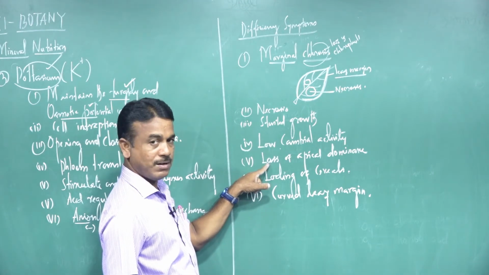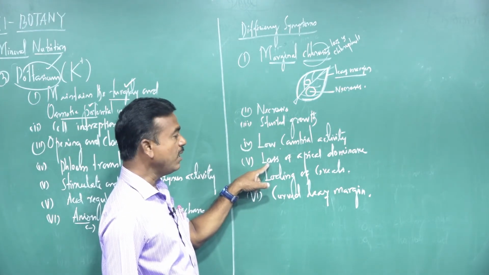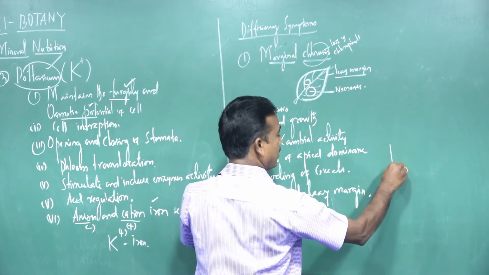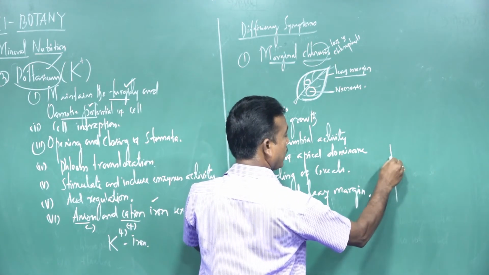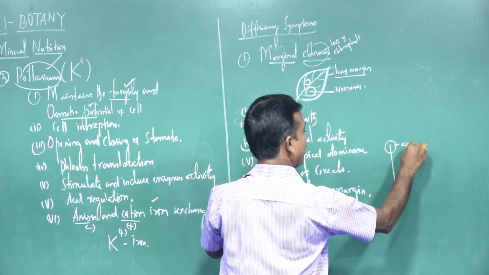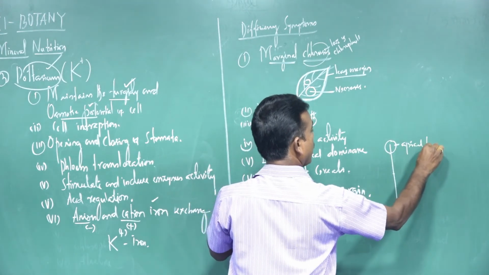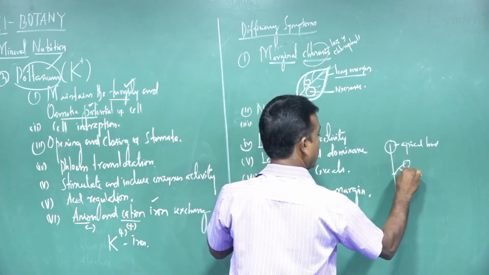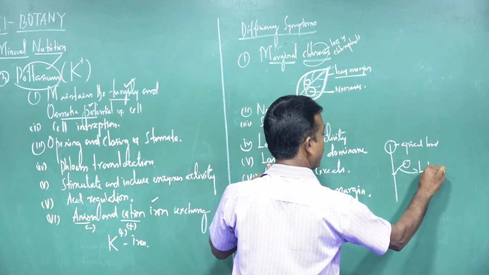Loss of apical dominance. What is the meaning of apical dominance? In plants, this is the apical bud and this is the lateral bud.